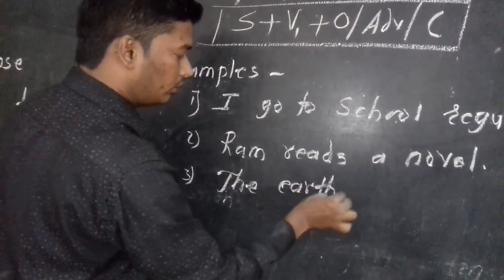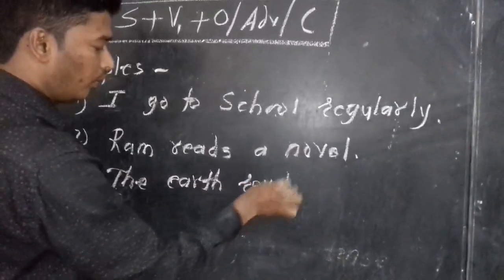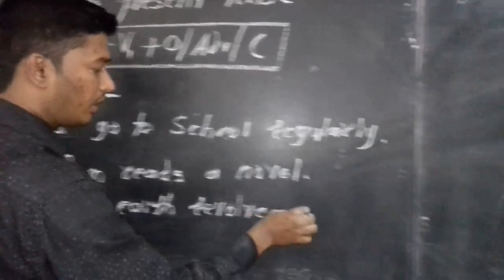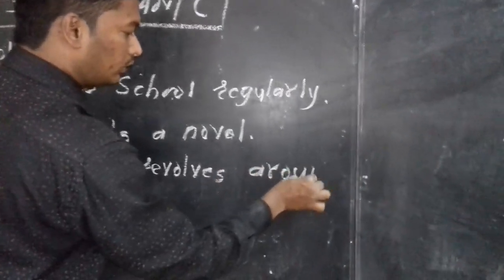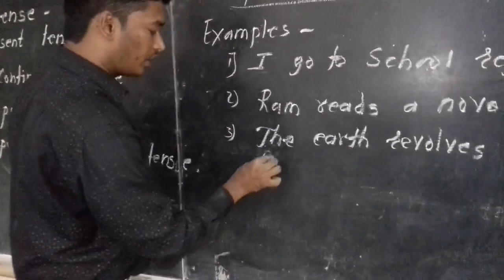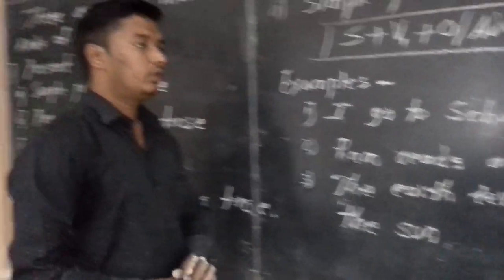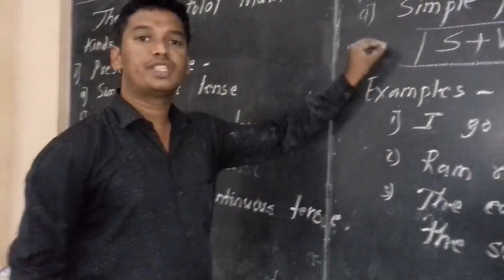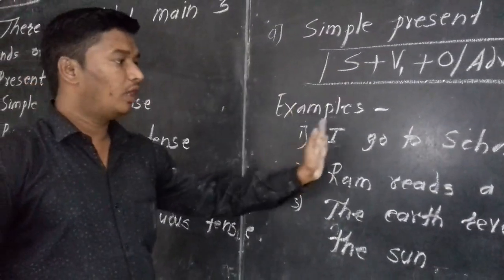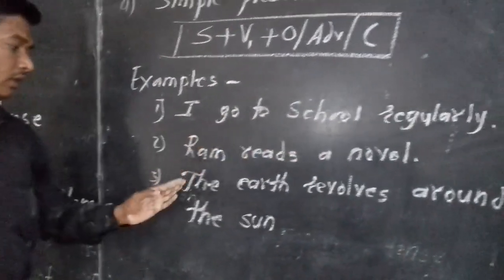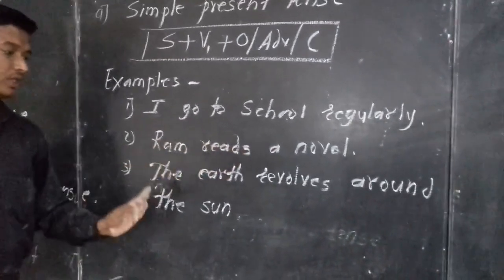The earth revolves around the sun. Look, these are the examples of simple present tense. I go to school regularly. Ram reads a novel. The earth revolves around the sun.